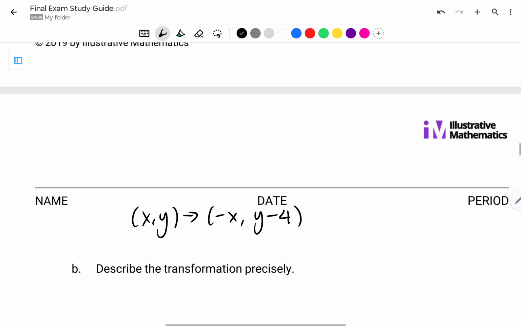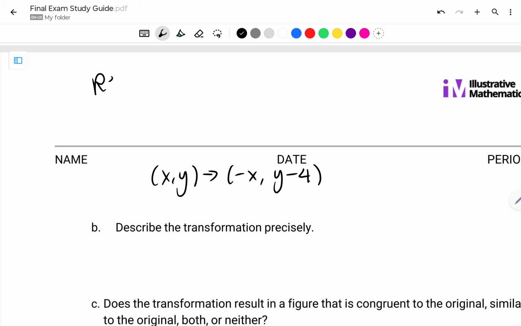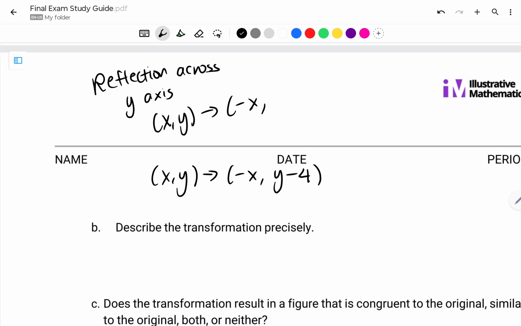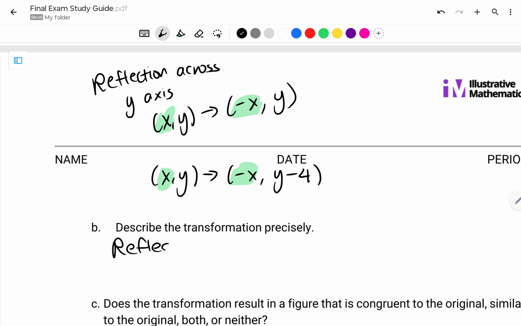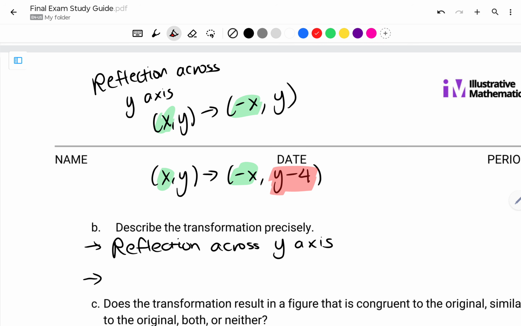And if I look at the rule, the reflection across y-axis rule goes from (x, y) to (negative x, y). So yeah, that part of the x turning negative, that's the reflection part, okay? So I'm going to say that it's a reflection across y-axis.